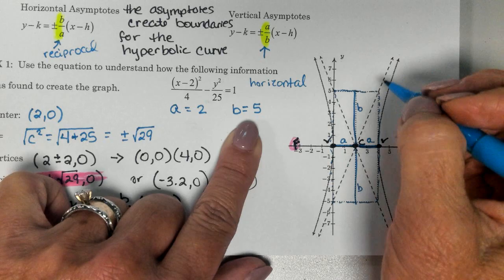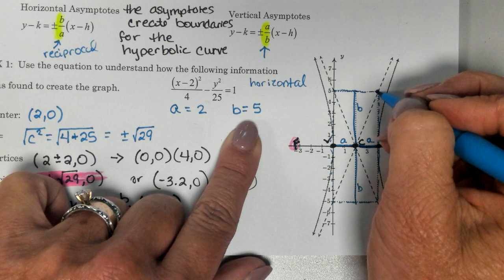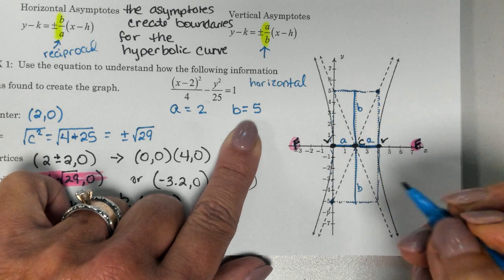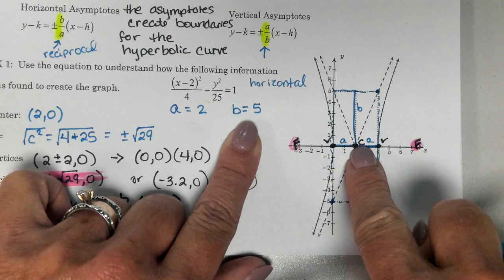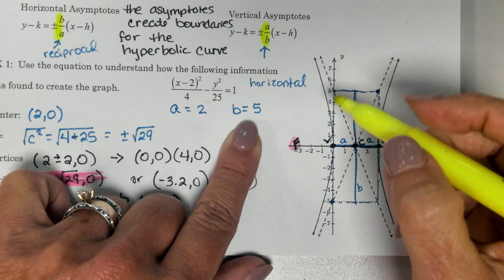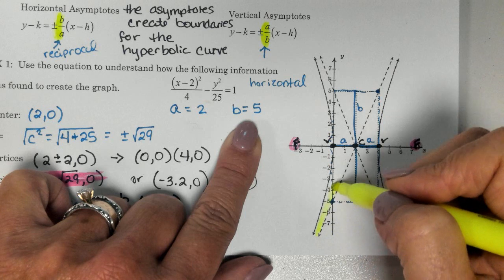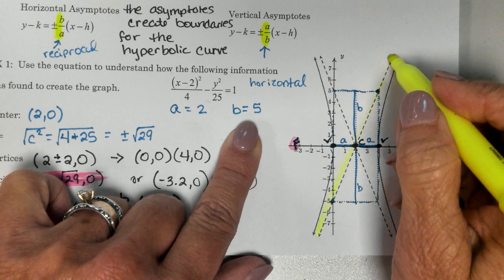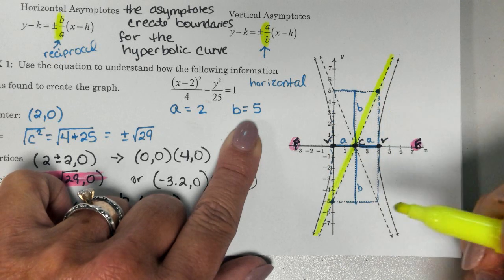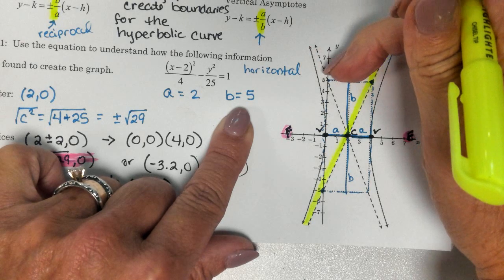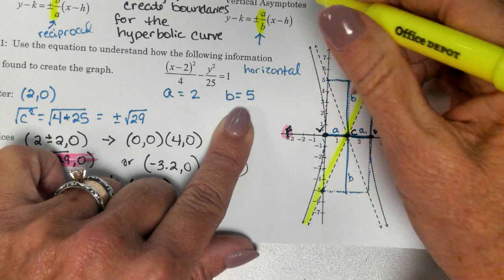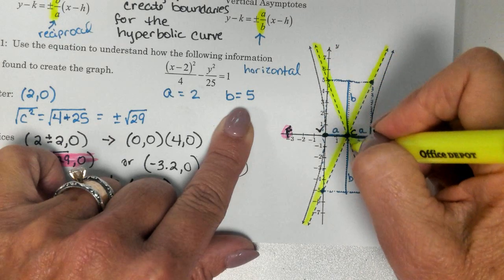And if you notice, your asymptotes run through each corner of that box and through the center. That is one of your asymptotes right there. And then it runs through the other corners through the center as well.